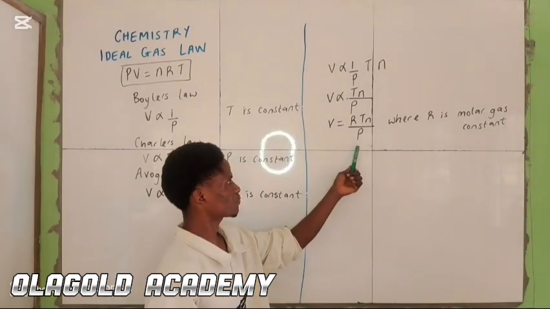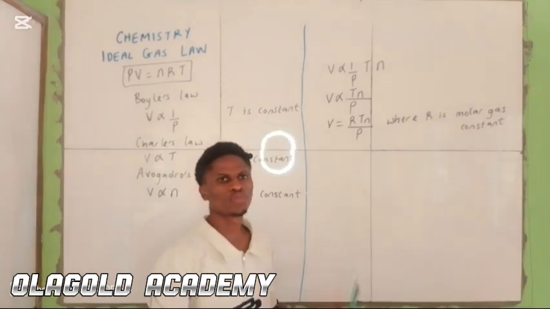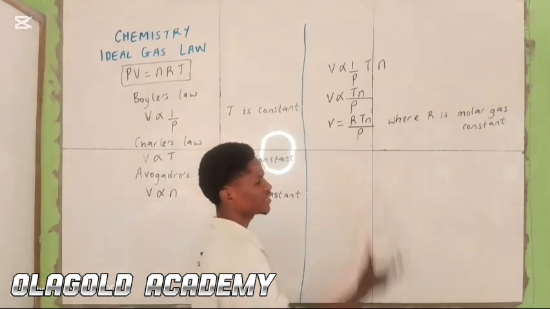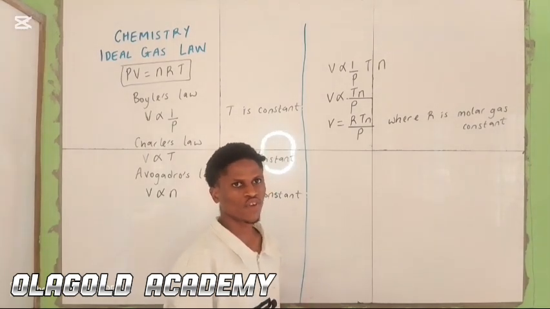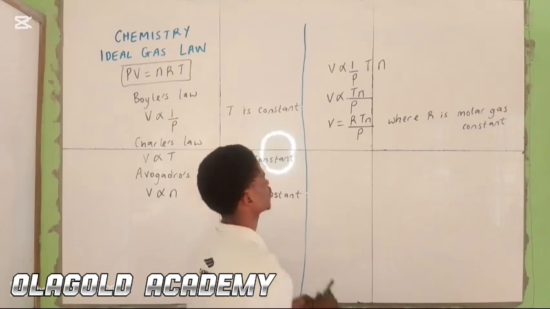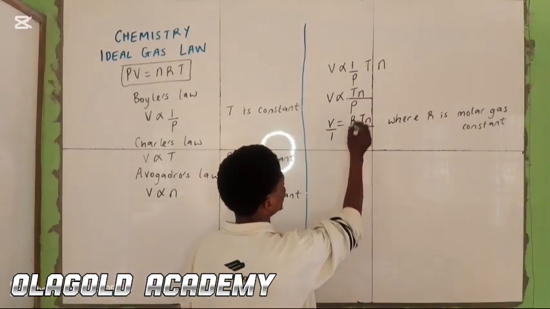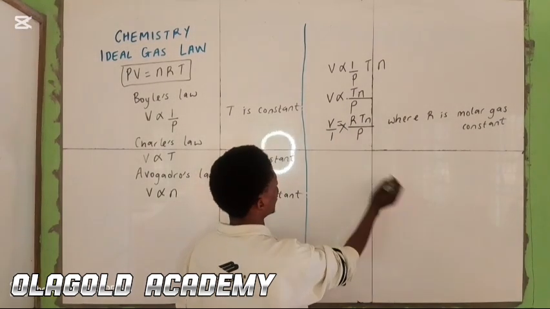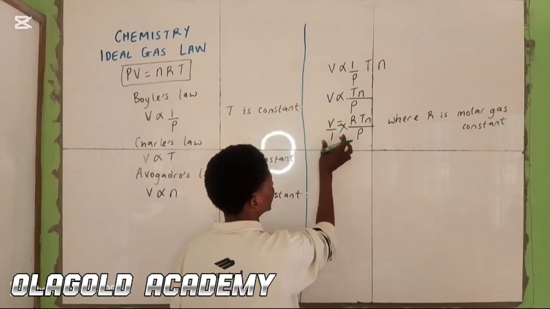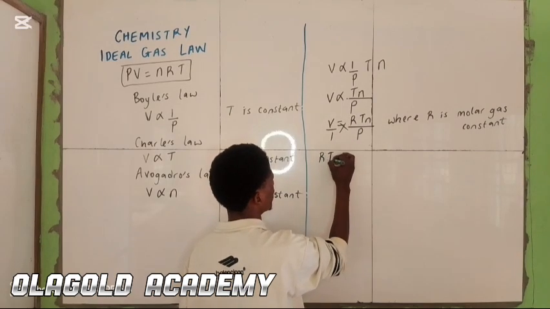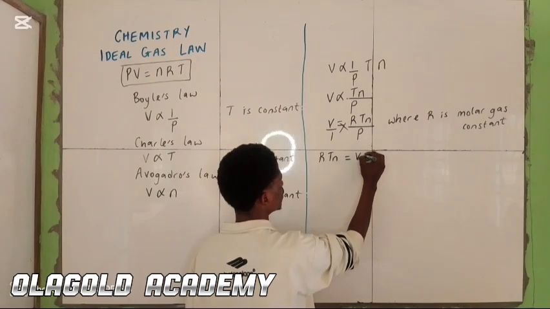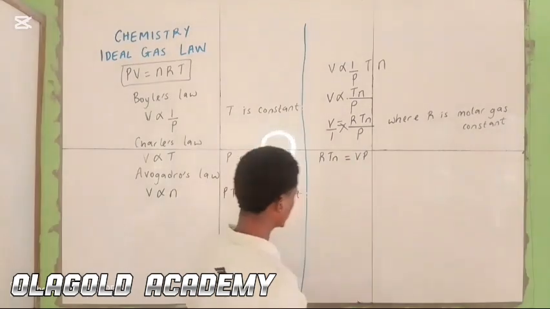Now, to make R stand alone, or in other words, to make it the subject of the formula, we need to cross multiply. V over 1, we cross multiply, and we have RTn multiplying 1. So we have RTn equal to V times pressure.